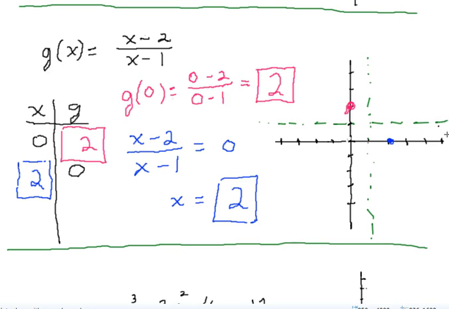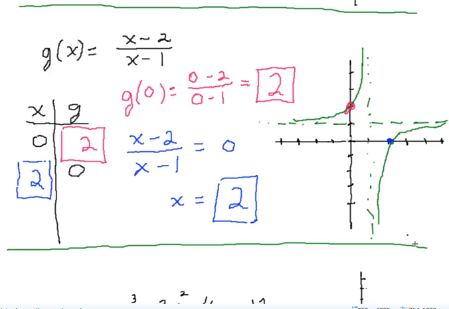These asymptotes box in a function, so to speak. So this graph approaches but doesn't touch that dotted line or that one. The dotted lines are not part of the graph. They are the asymptotes that are helping me draw it.